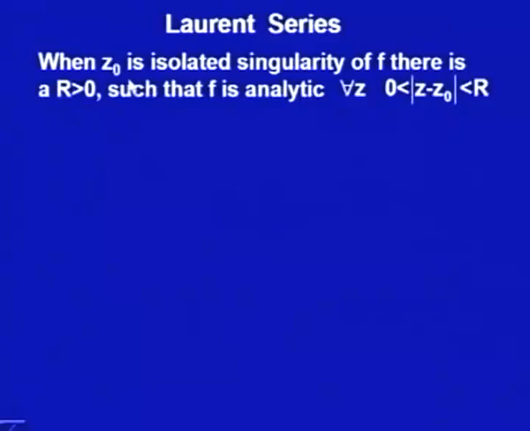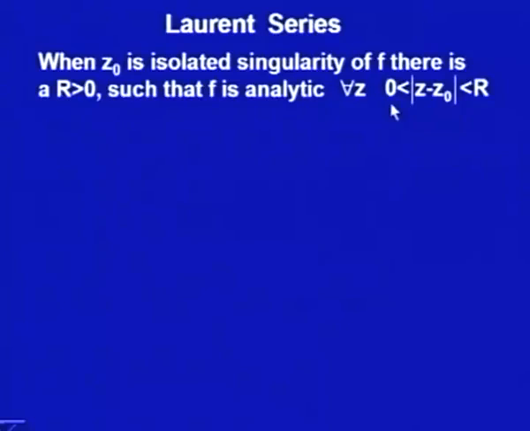That is, I could always find a number r such that f is analytic for every z in that neighborhood. Because the absolute value of z minus z naught has to be positive, I am writing 0 is less than mod of z minus z naught is less than r.